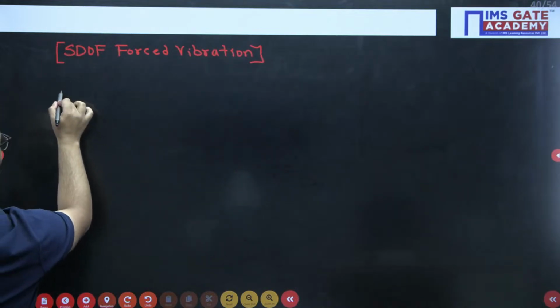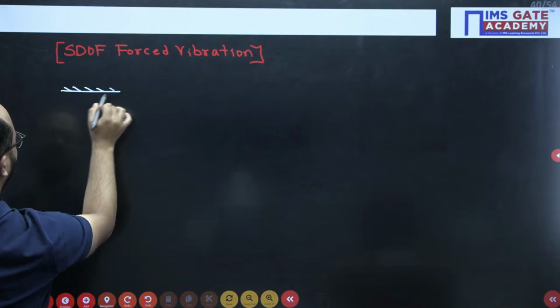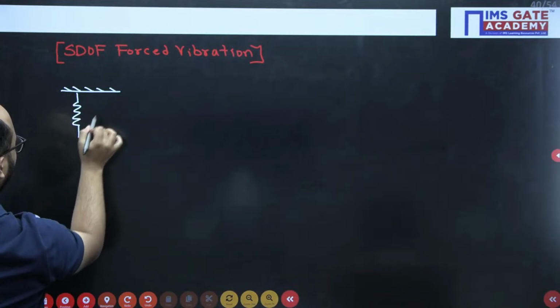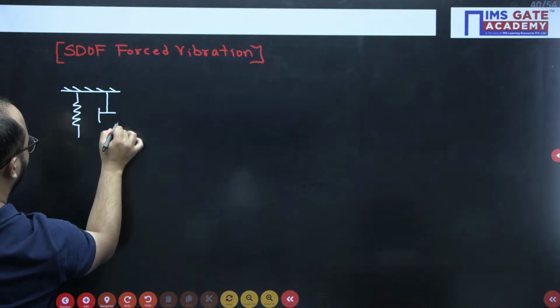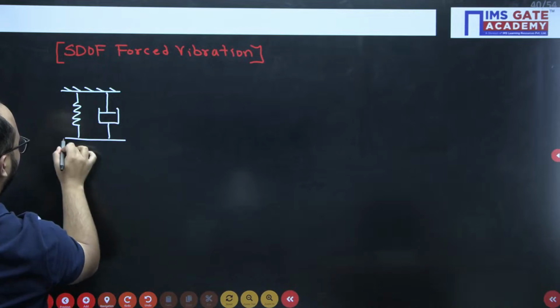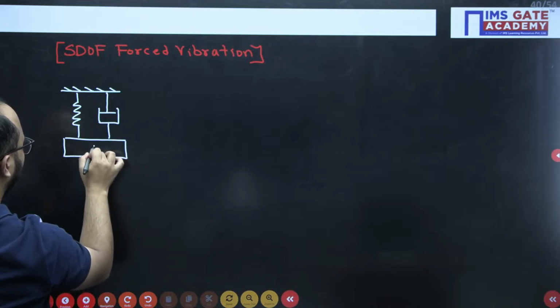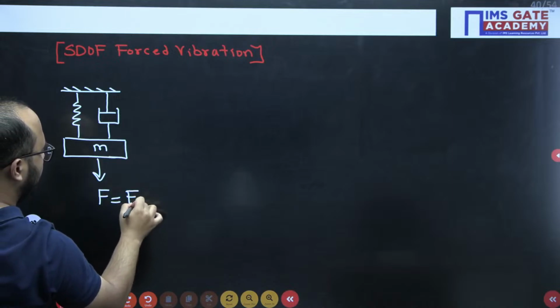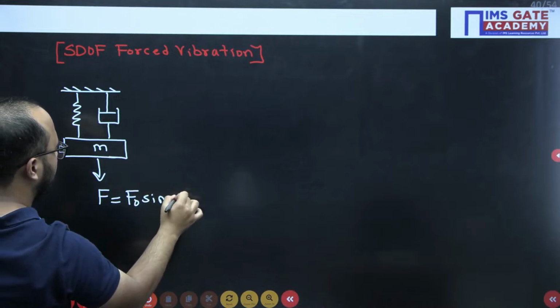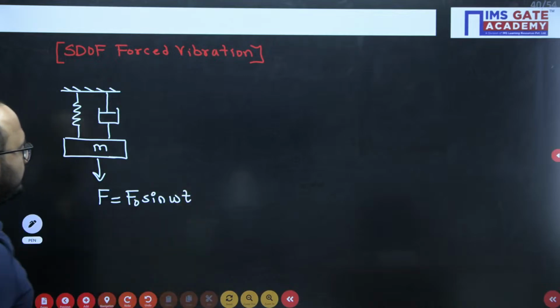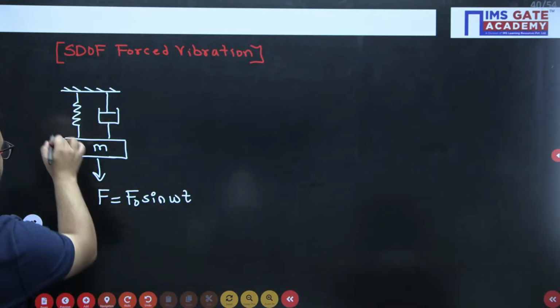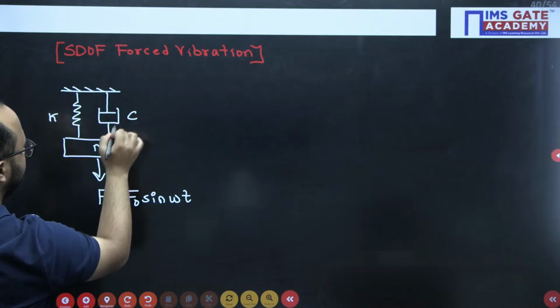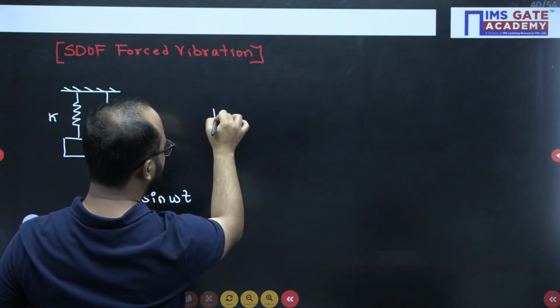Okay, now see, some kind of force is acting here, F naught sine omega t, like this. Let's suppose stiffness K, damping coefficient C, right? So how will you write the equation here?